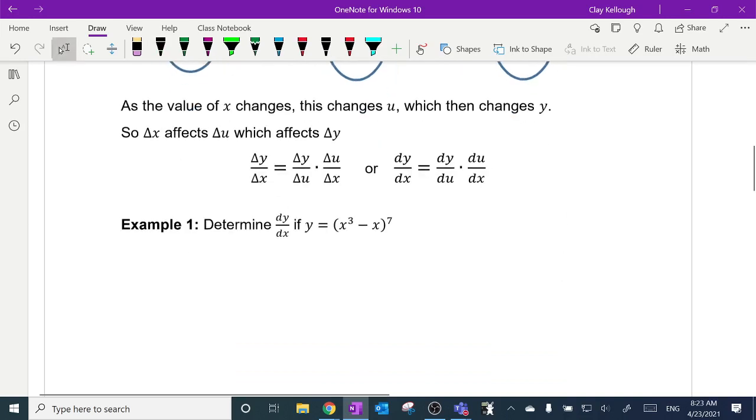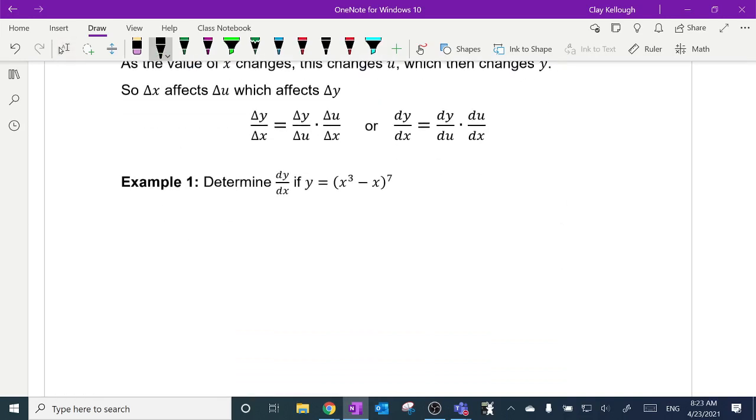So for example, in yesterday's lesson we would have looked at this thing and used our chain rule formula. But now I'm going to think of this as y equals u to the 7. I'm actually substituting this part here as a new variable u. And so dy by du, the derivative of the function y with respect to u, is 7u to the 6.